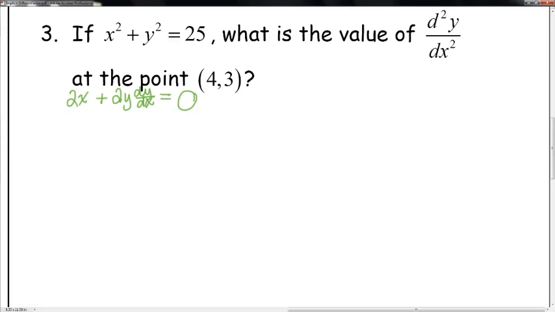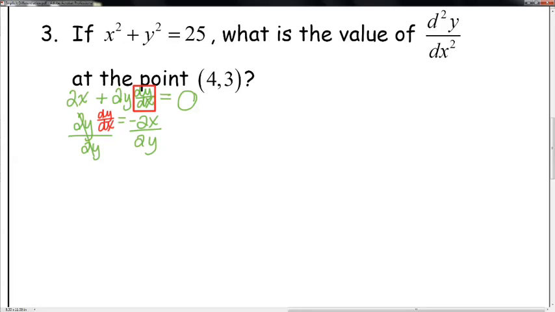And so we're going to keep our dy/dx and move that 2x to the other side. So I have 2y times dy/dx is equal to negative 2x, and then I'm going to divide by 2y. I don't need to worry about factoring anything out.